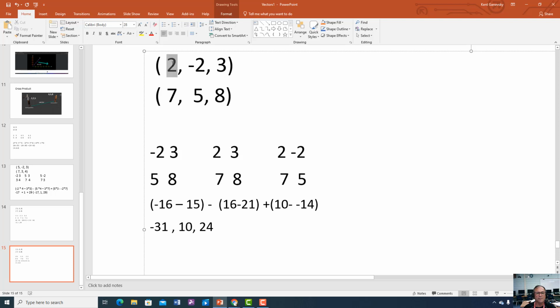Then you take this one and this one and this one and this one, and then again multiply across, and then you just take these two and this one, and you're multiplying across, and then there is subtraction in each one of these, and then you have minus and a plus.